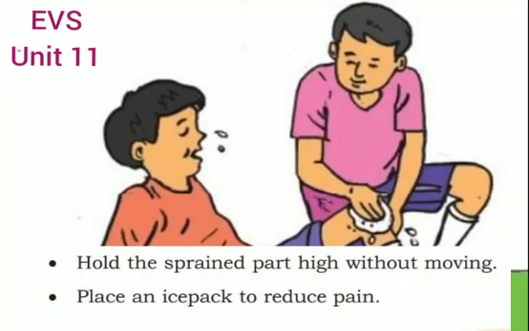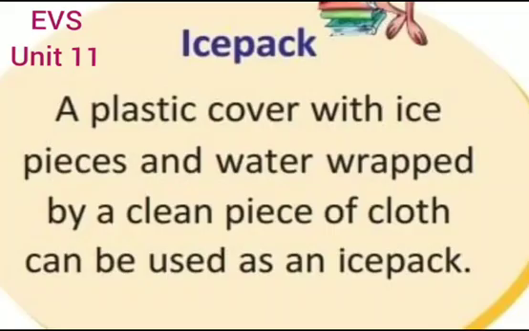Hold the sprained part high without moving. Place an ice pack to reduce the pain. What is this ice pack? It is a plastic cover with ice pieces and water wrapped by a clean piece of cloth. So this is about an ice pack.